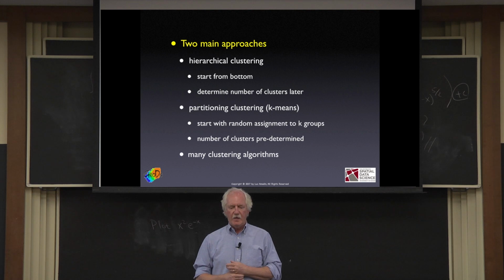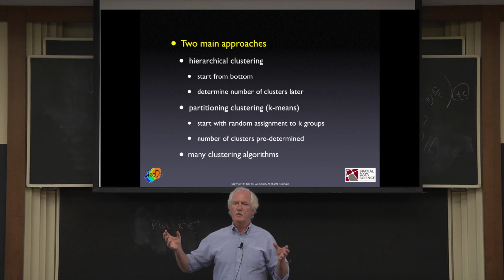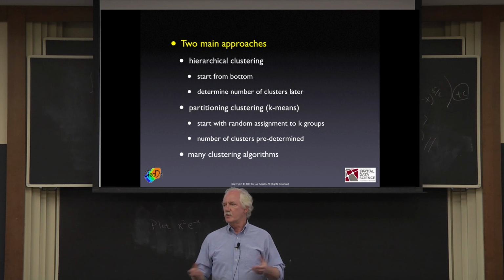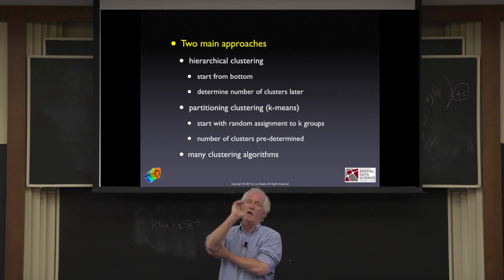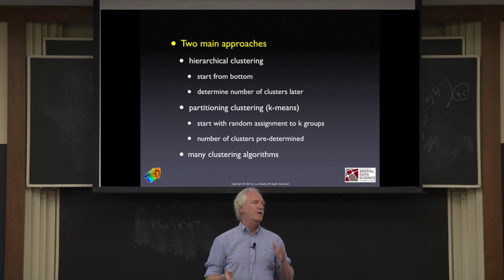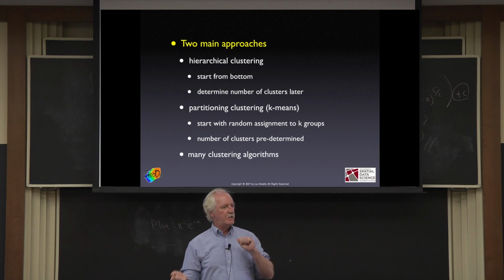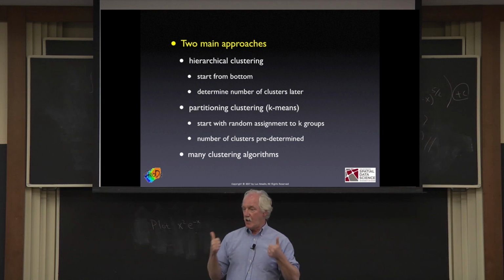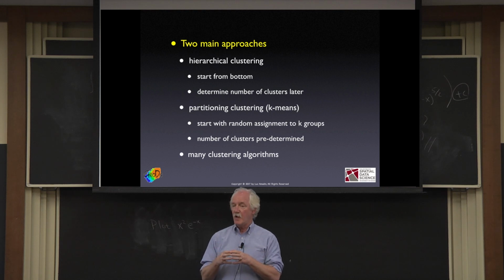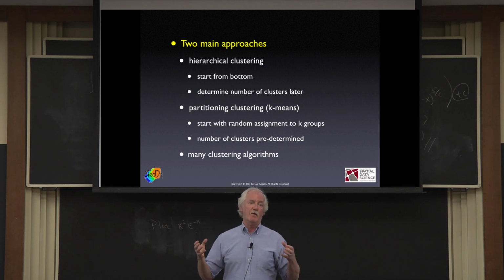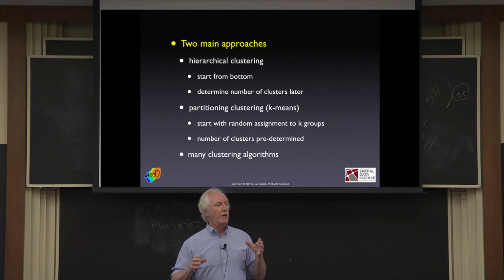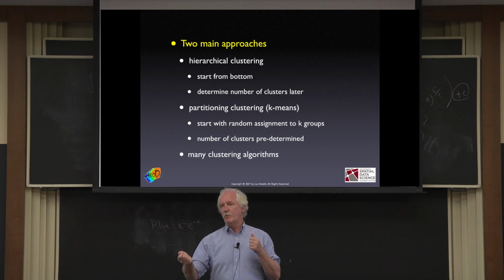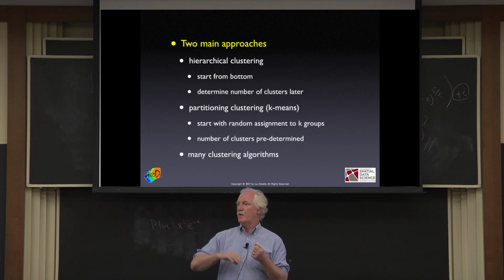The other way is to start with some random assignment of all observations to k groups and then improve your solution. So that's an optimization problem. You randomly assign each observation to one of 4 groups, then swap them out to see if you can do better in terms of our criterion of within-group similarity and between-group dissimilarity. Say you swap one observation from group 2 to group 1 and see if it's better or worse.